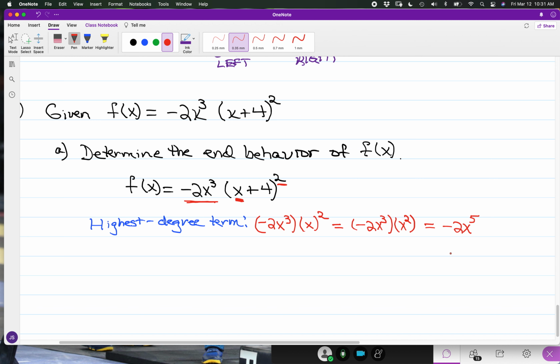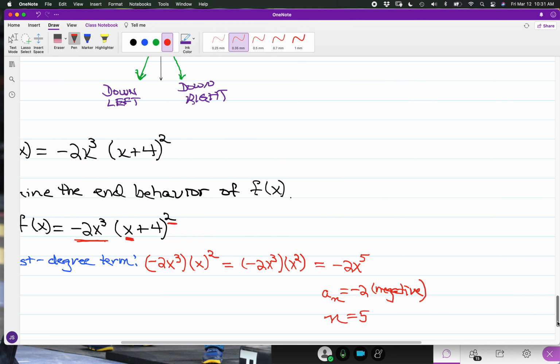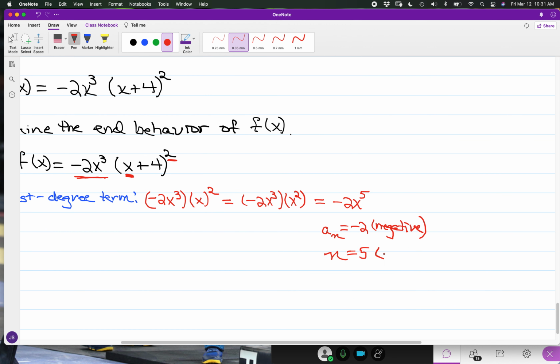From the highest degree term, your leading coefficient, a of n, is going to be minus 2. Again, this is going to be negative. And the degree of the function is defined by the highest order term that results, so n is equal to 5, and 5 is an odd value.